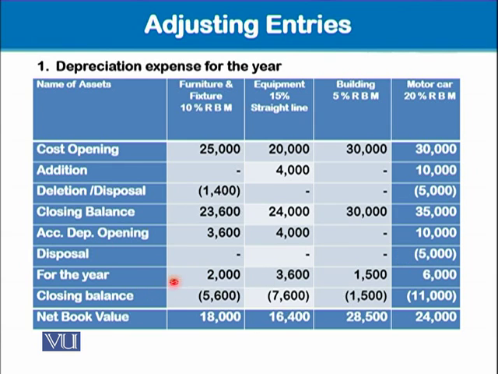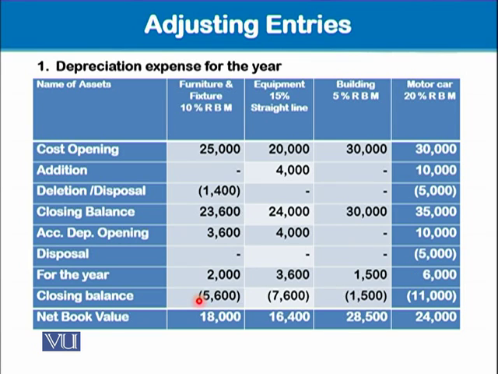And this is important. Now we will calculate depreciation expense for the year. 2,000 for furniture, 3,600 for equipment, at the rate 10% reducing balance method, 15% straight line method, 5% reducing balance method, and 20% reducing balance method. This is the depreciation charge for the year for which depreciation expense will be debited.